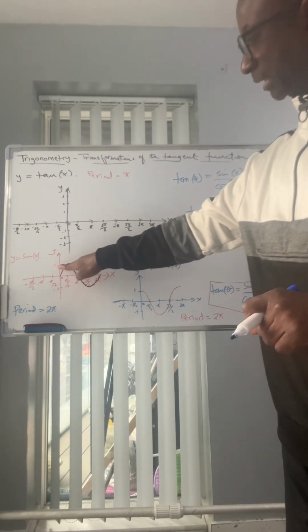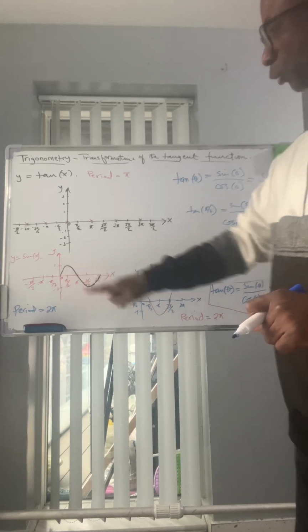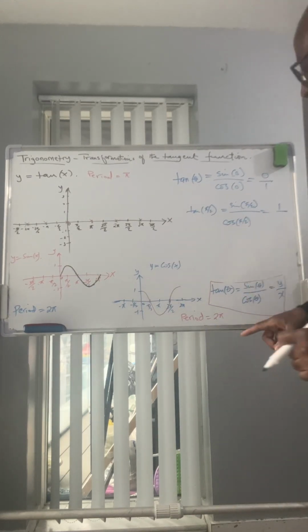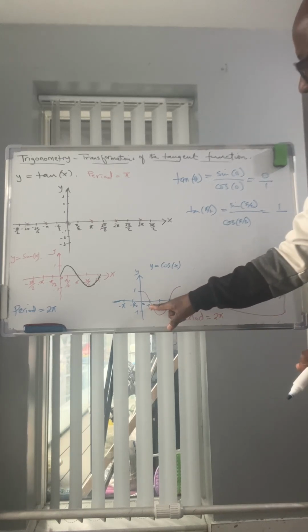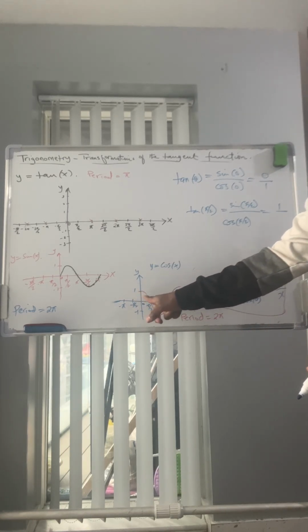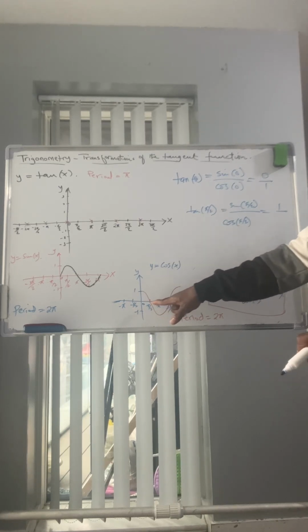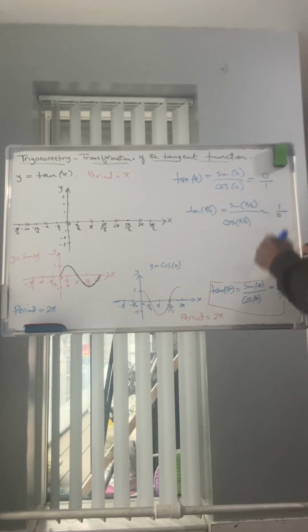Now, cosine of pi over 2. For the cosine, the graph passes through pi over 2, so the function is 0. In other words, cos 90 is 0 and sin 90 is 1.